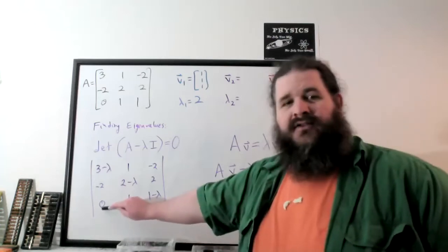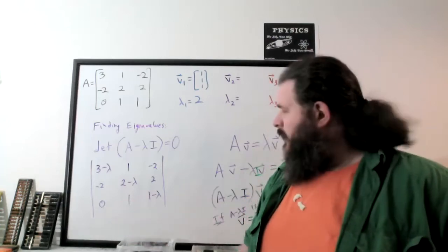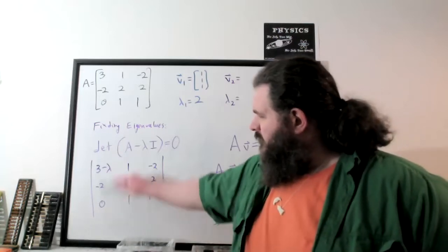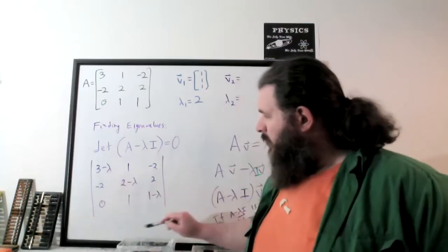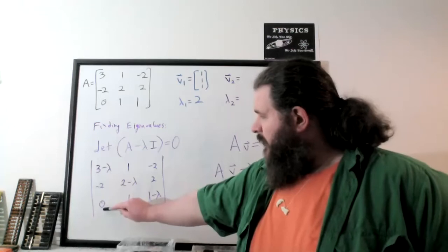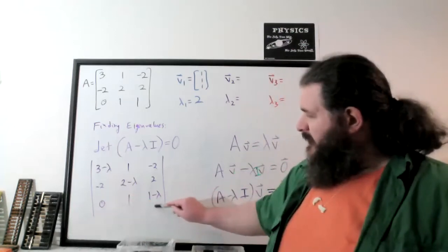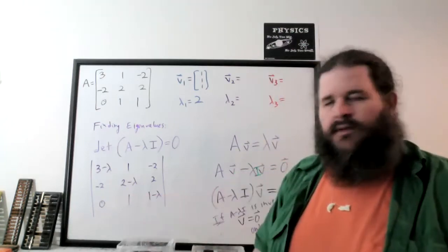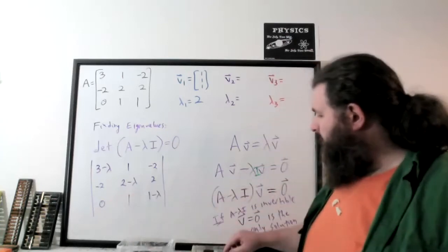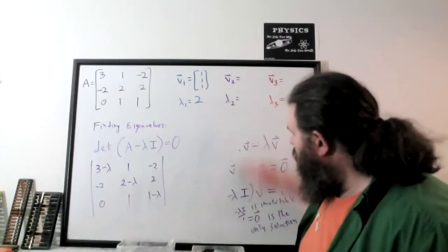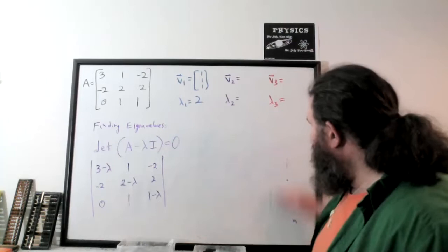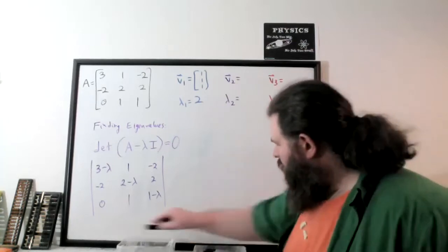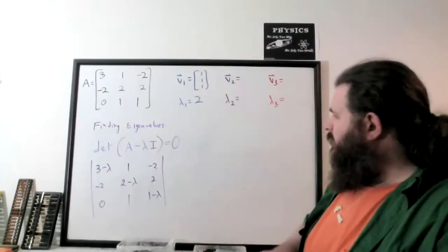This 0 is going to make it so much easier to work out everything else. I would have used either the first column or the last row because there's a 0 there, and the last row is probably going to make it even easier because there's a 1 there. So I would definitely use the bottom row here. Any row or column will work, but using the last row is probably going to be easier. So let's try that.